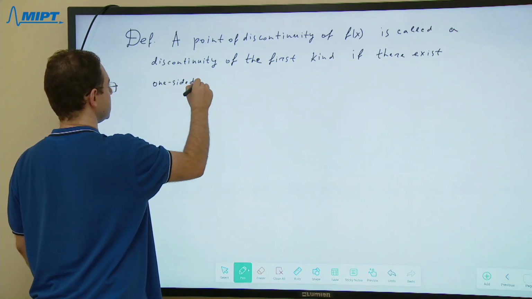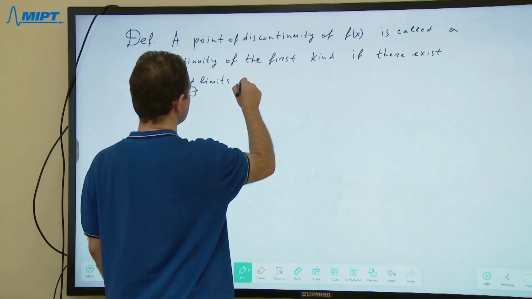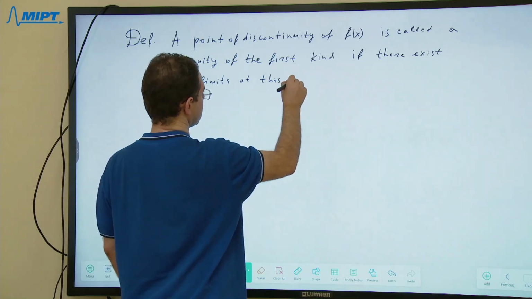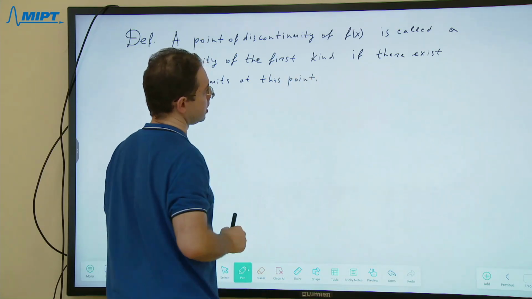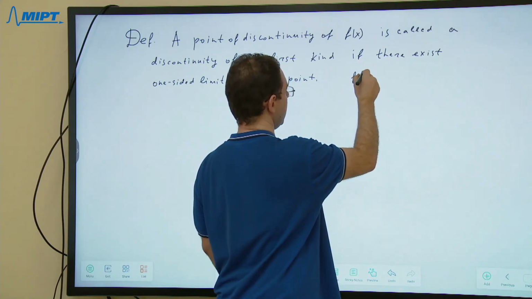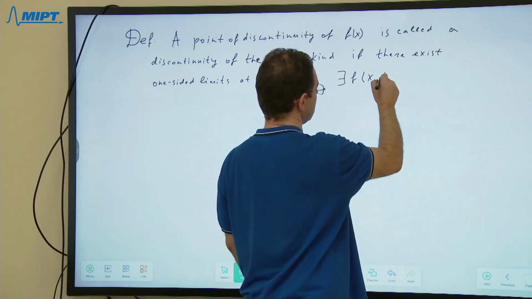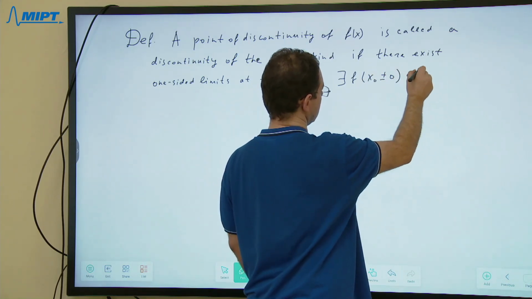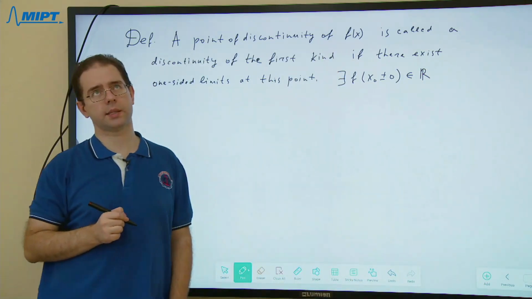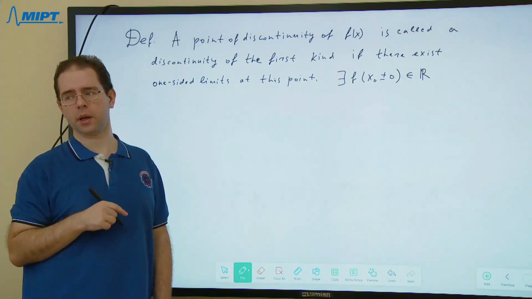So that would be, there exists f of x0 plus or minus 0. And I remind you that when I said that the limit exists, I mean it exists as a finite number, a real number.